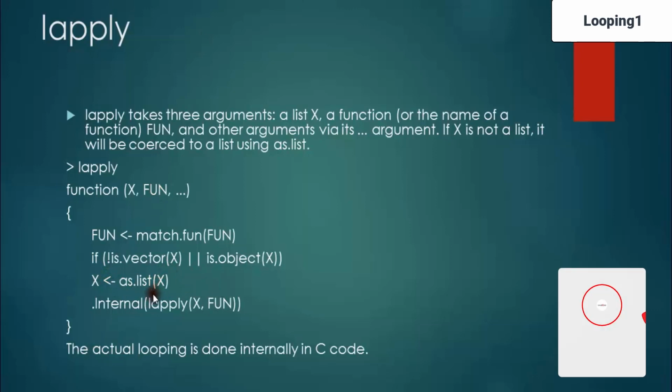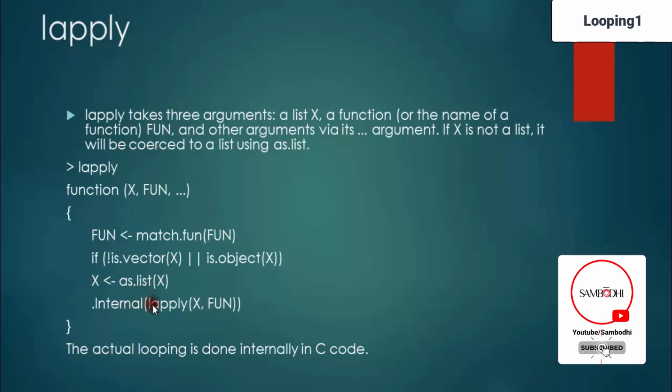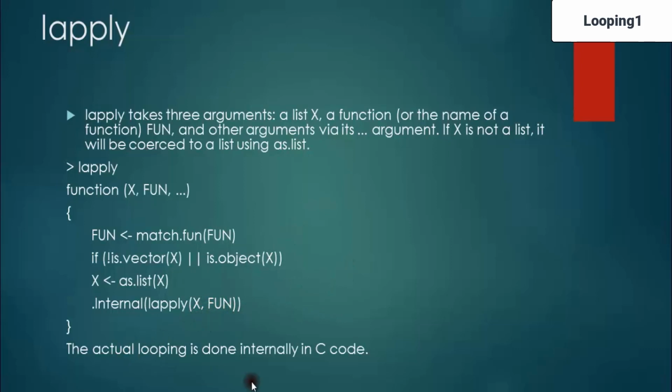So when it is not a list, it is converted into a list. And .Internal of lapply, x, fun is where the function is being called. The actual looping happens internally in C code, but you don't have to worry about that. Using lapply will solve that purpose.